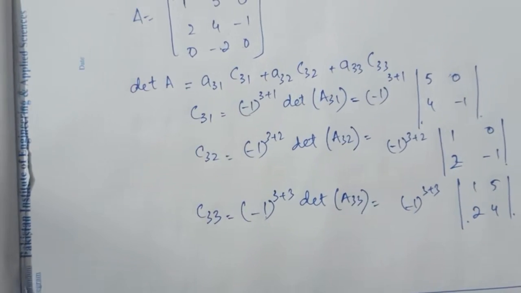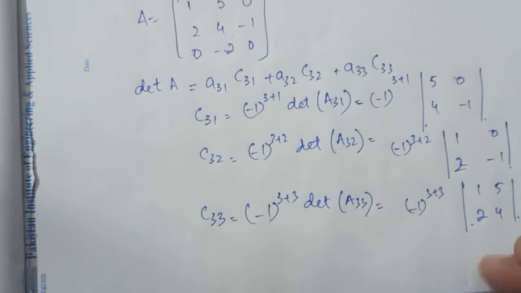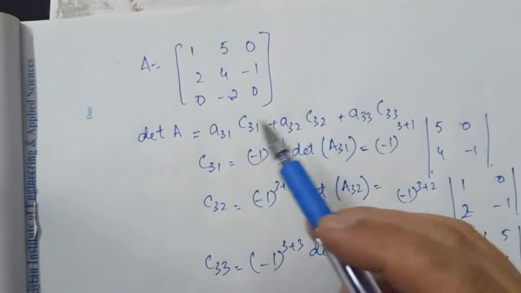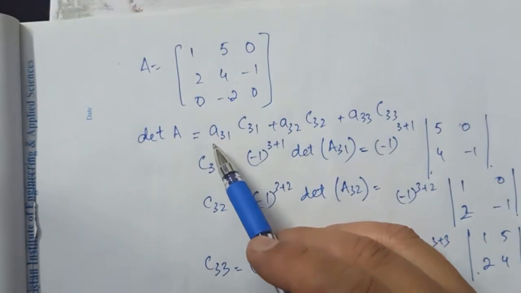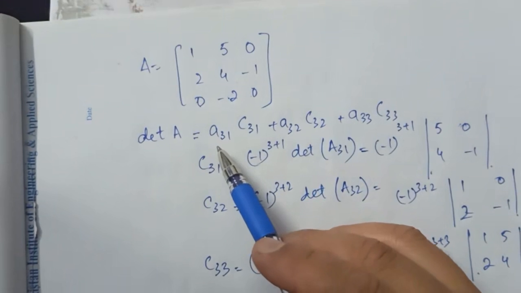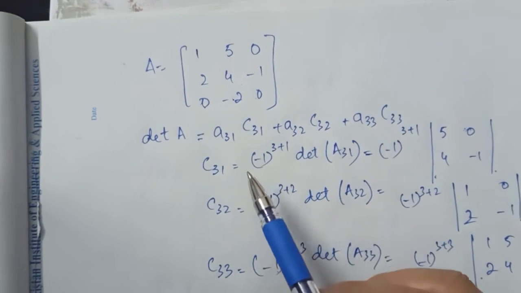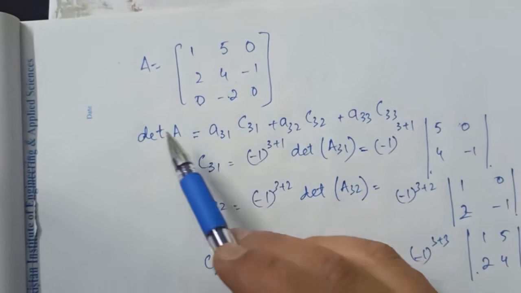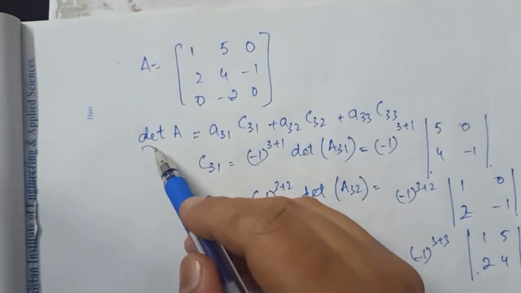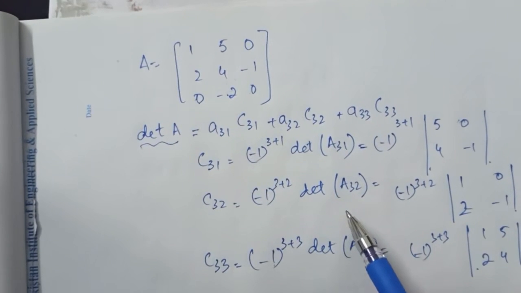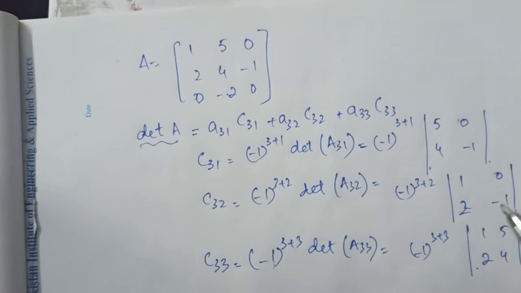Now, you can see here that you can have the cofactor expansion across any row or any column. To determine this determinant of A, you want to use the row or column with the maximum number of zeros, because then you don't have to calculate a lot of values.